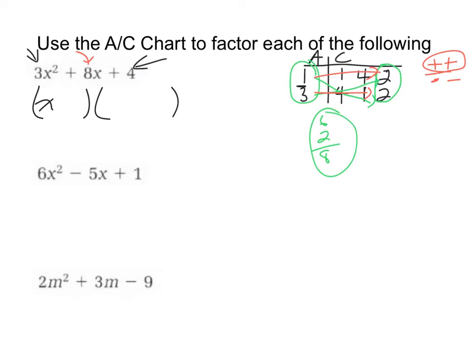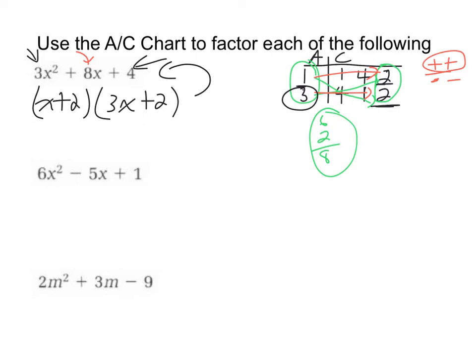That's where I get that 1. And then plus 2. And then 3x, which would be this number. So 3x, and again, we have plus 2 there. That's how we end up writing the binomials. Now you can check it. You can expand and simplify those 2 binomials and see if you end up with the original question. But that is the factored form.